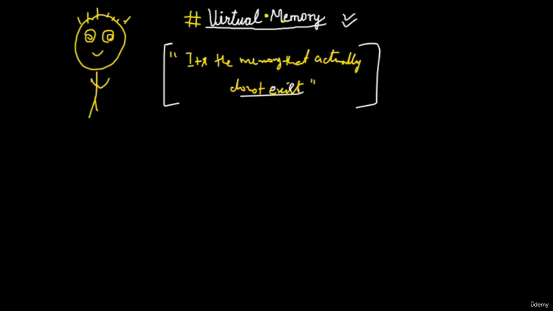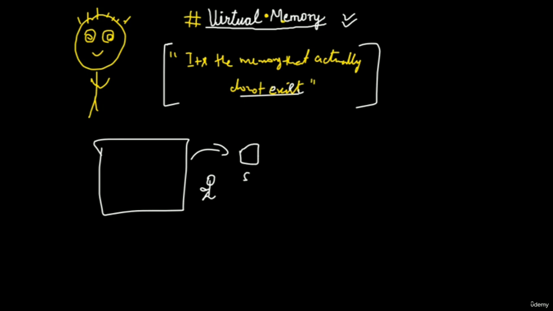Okay. So virtual memory is a concept used in some kinds of large computer systems that permits the user to construct a program as though a large memory space is available. But in reality, the available space is very small. This is the reality.